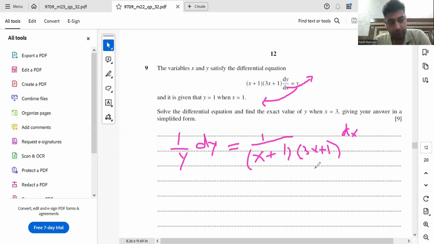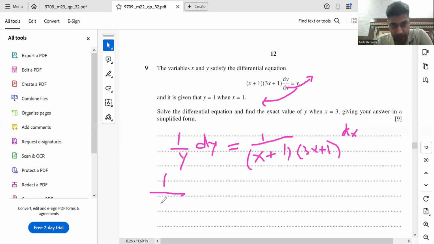Whenever we have an improper fraction, there are only two methods that we use. First is to use the partial fraction method, and second is to divide it and find the quotient and remainder. Since we can use partial fractions here, we'll go for that.